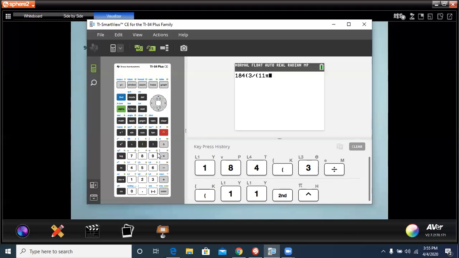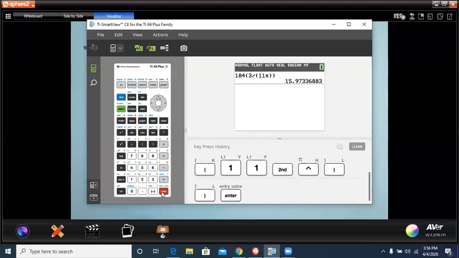All right, so pay attention to where I put the parentheses because you want it to multiply 11 times pi before it divides by the 3. So we end up with 15.973368883.